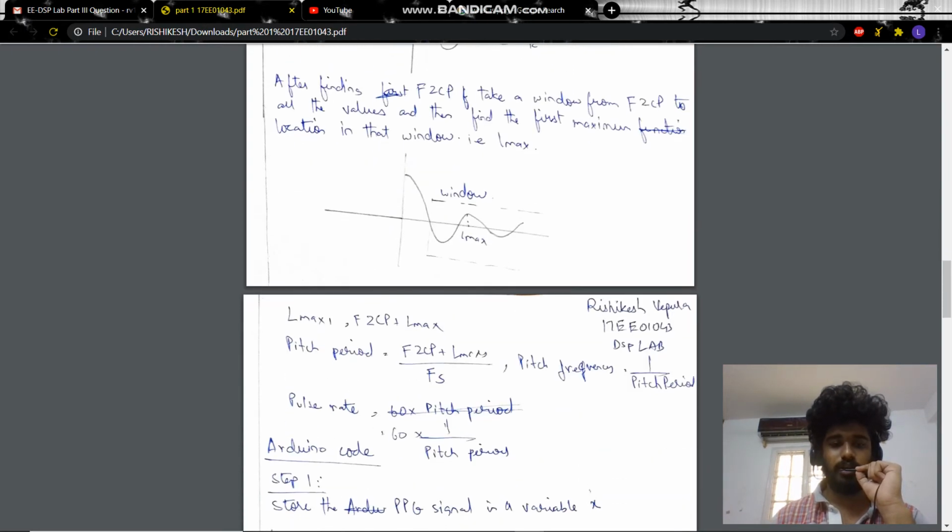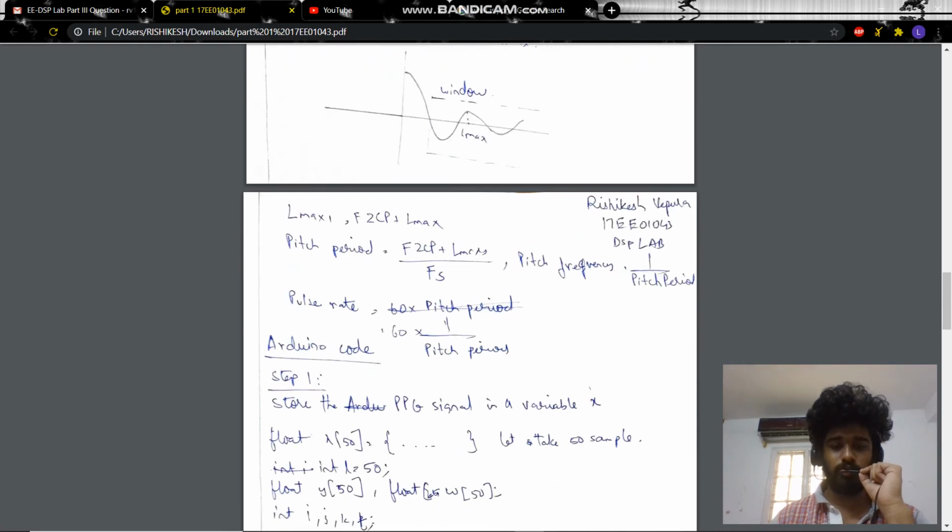Then L max 1 is the first zero crossing point plus L max. The pitch period of the PPG signal is calculated as the first zero crossing point plus L max, divided by Fs. Hence the pitch frequency is 1 by the pitch period. Pulse rate is 60 into 1 by pitch period, or 60 into the pitch frequency.